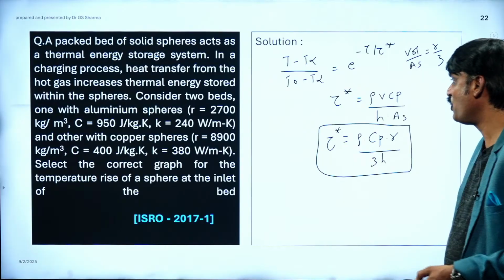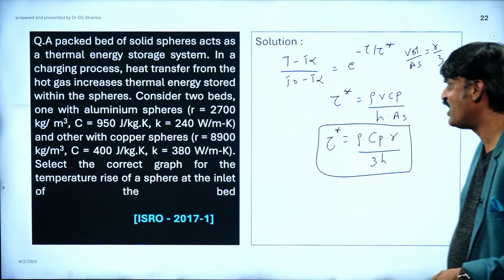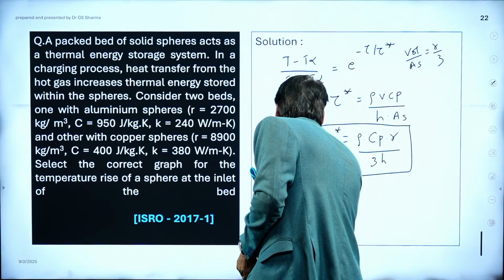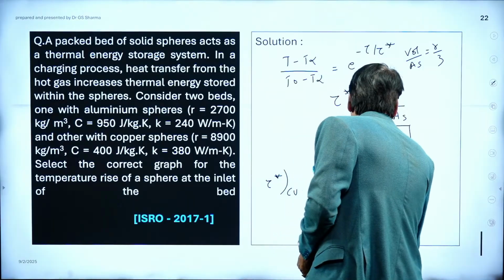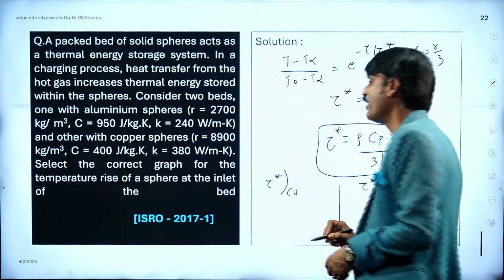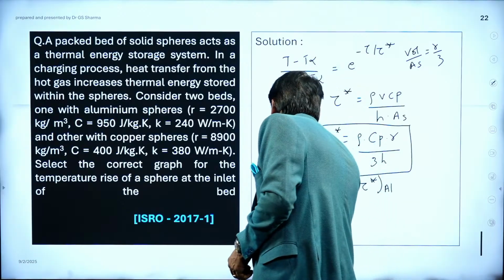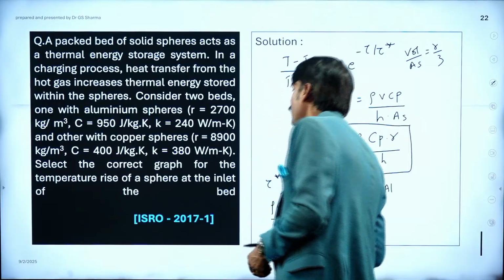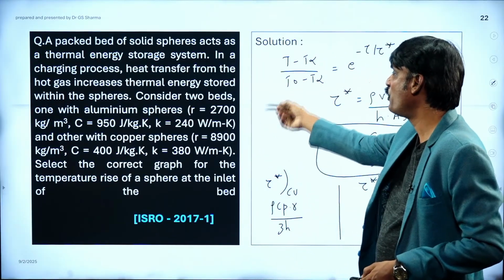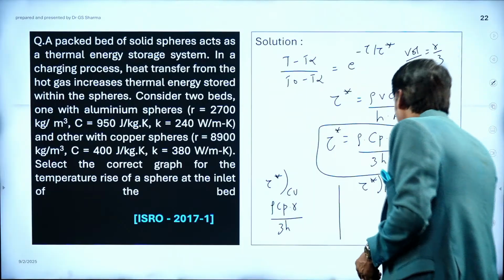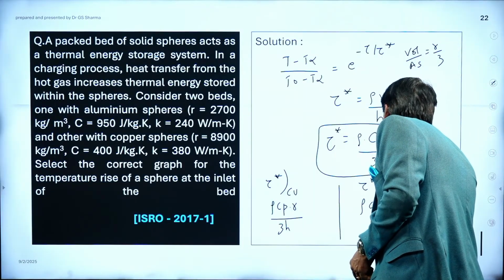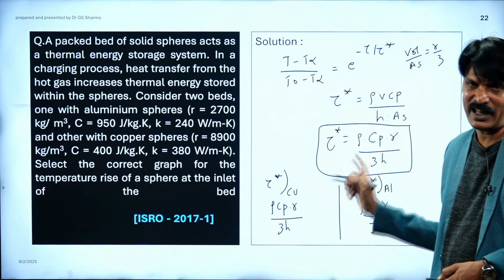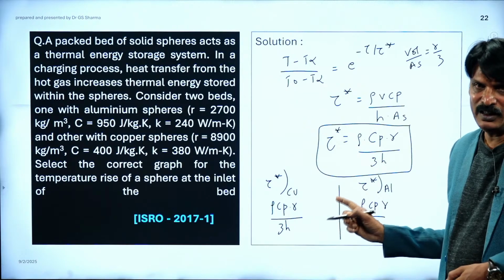So if I am writing tau star value for copper as well as for aluminum, tau star for copper, tau star for aluminum, this means its density, specific heat, radius divided by 3h, because he has given the properties. And here also I will write density, specific heat, R divided by 3h, and whichever has higher will take the steeper curve.